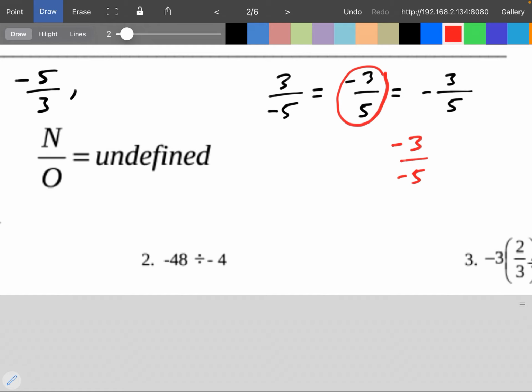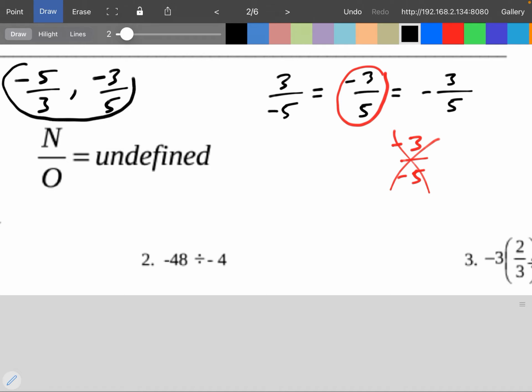If you had a -3 divided by a -5, that would make a positive. So you couldn't do that. Okay? All right, so for this one, we said we're going to put -3/5, right? So -3/5. So there's another pair of reciprocals. So that pair of numbers, those are reciprocals.